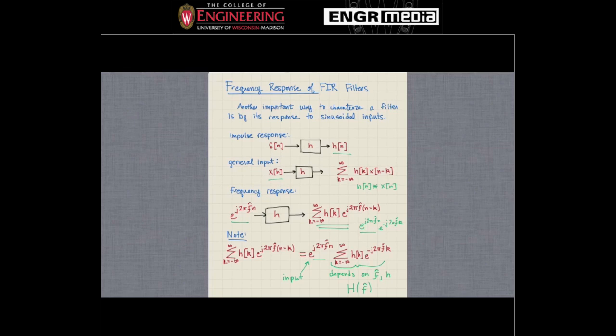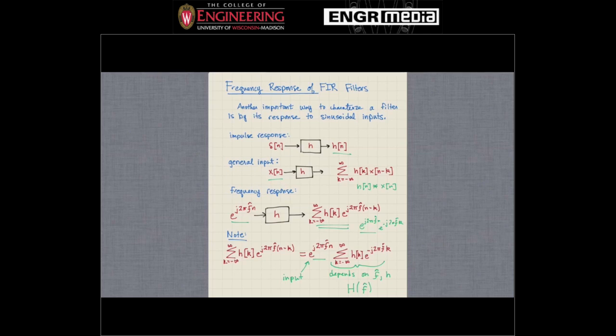And what's underlined here does not depend on n. It only depends on f hat and h. So it depends on the filter, which is h, and on the particular frequency of the input complex exponential.